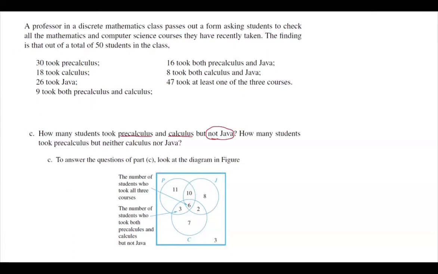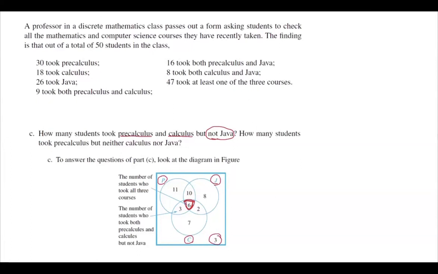From the information that we calculated in part A and part B, we know that the intersection of pre-calculus, calculus, and Java, as we calculated in the previous slide, is 6. We know 3 students didn't take any of these courses, so that's why you see a 3 down here.